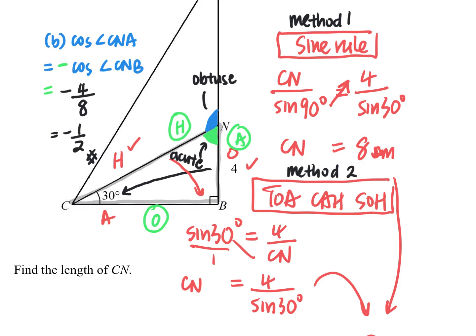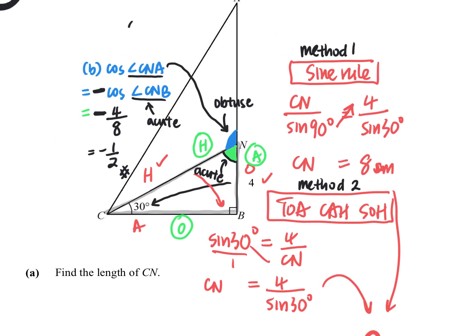This is the cosine of the obtuse, the blue one, right? So the blue obtuse angle is related to the green acute angle. This one is the acute one. But just add a negative sign in front, because in the quadrant, this is how they establish the relationship. I'm not sure if you all still remember we wrote this before.